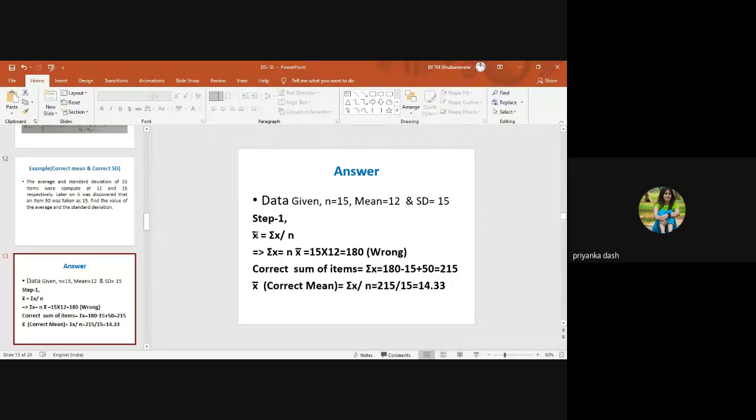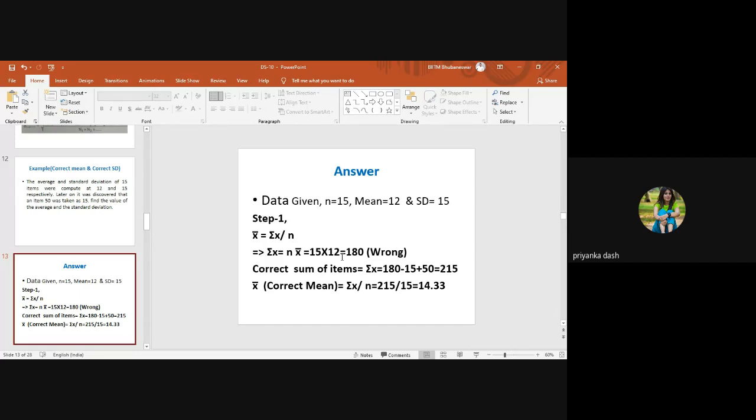Here x bar is given as 12 and n is 15. Calculate this, and it is 180. Clear? Yes, sir.